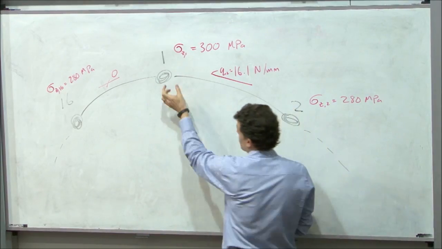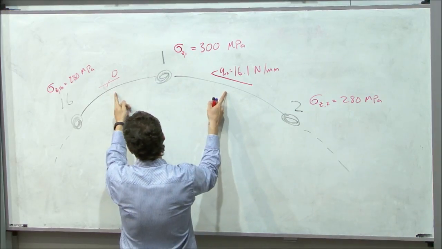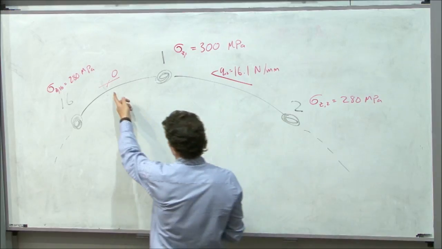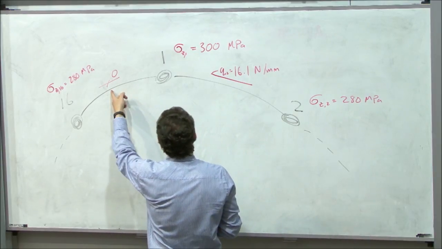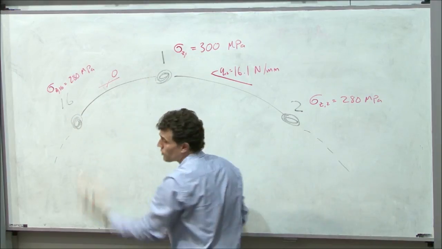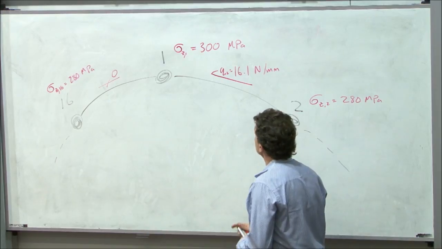So if the stress on that boom is 300 megapascals, then the stress around that boom as well is also close to 300 megapascals. If we wanted to work out the direct stress, say here, we could interpolate between 280 and 300 based on the Y position to get a stress.